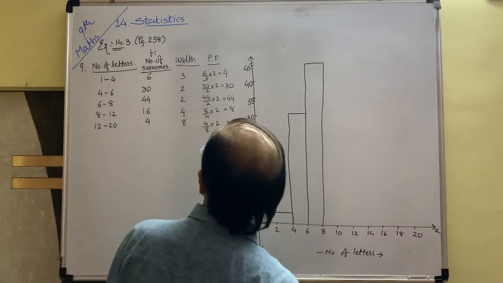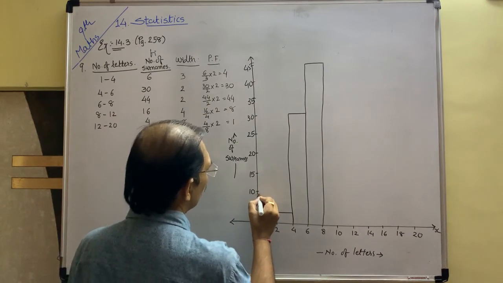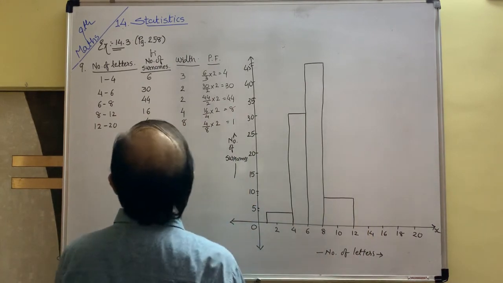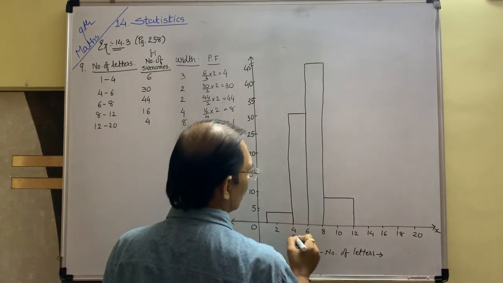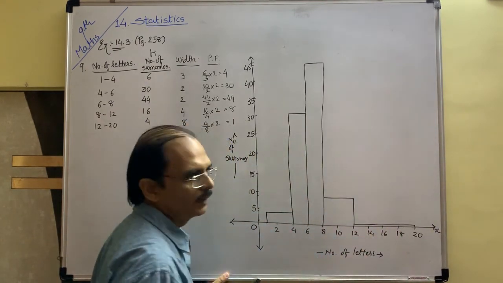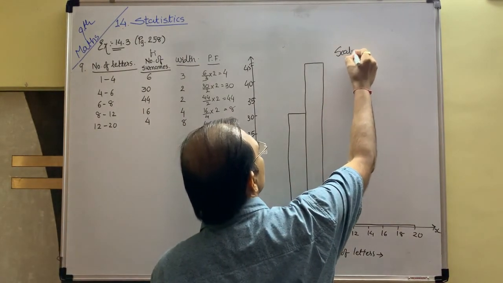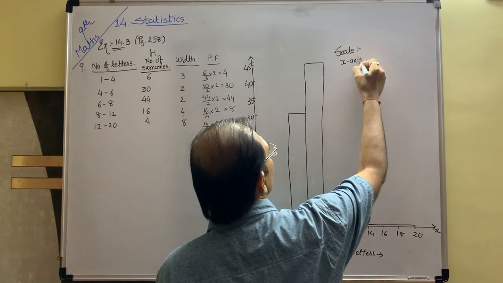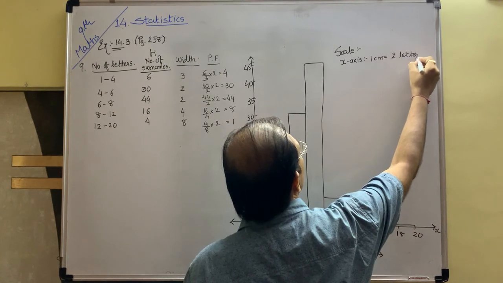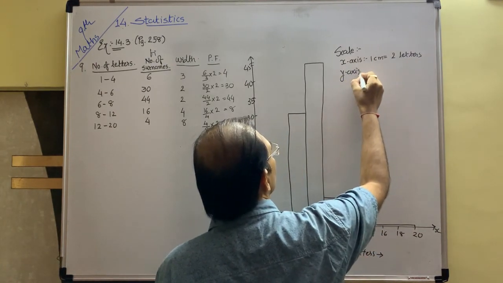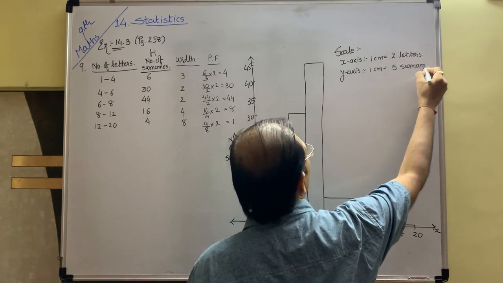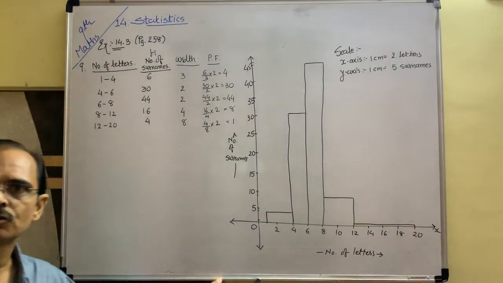Then 8 to 12, 8. 8 means 2 lines below. Then 12 to 20, 1. 12 to 20, 1 means only one line. Is it okay? What is your scale? On the x-axis, we take 1 centimeter equals 2 letters. And on the y-axis, 1 centimeter equals 5 surnames. This is your first answer, the histogram.